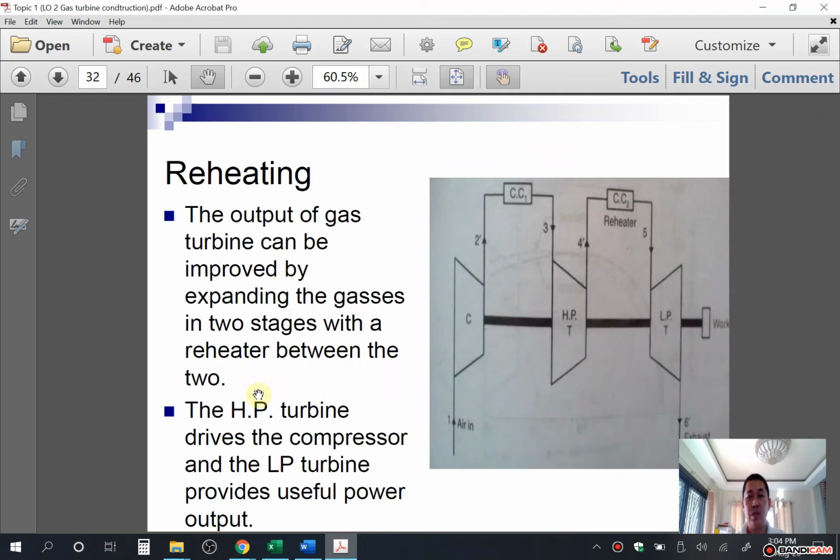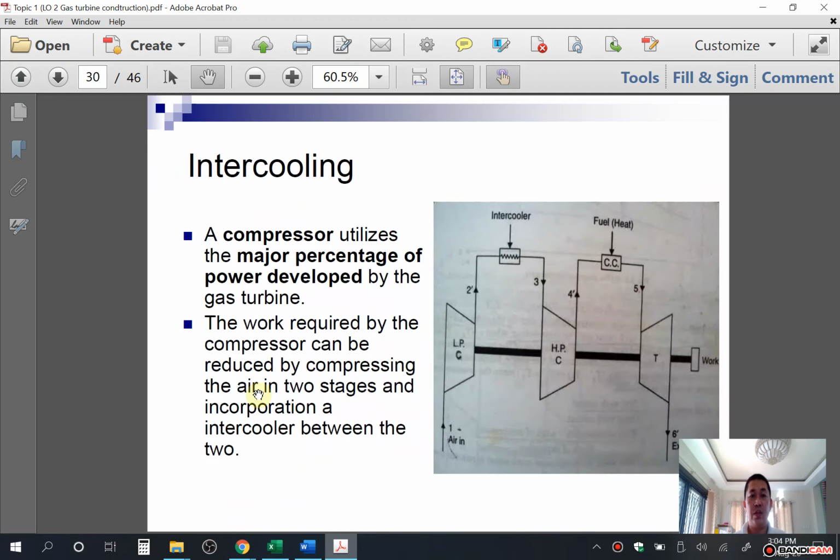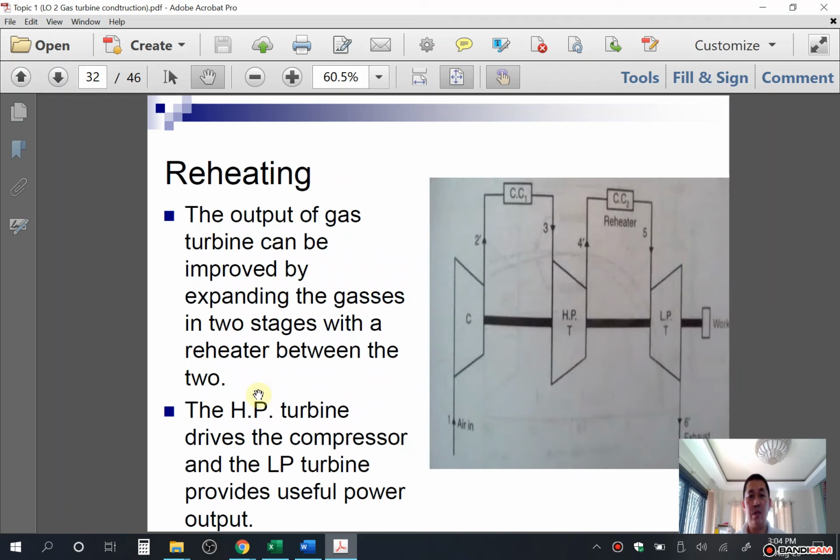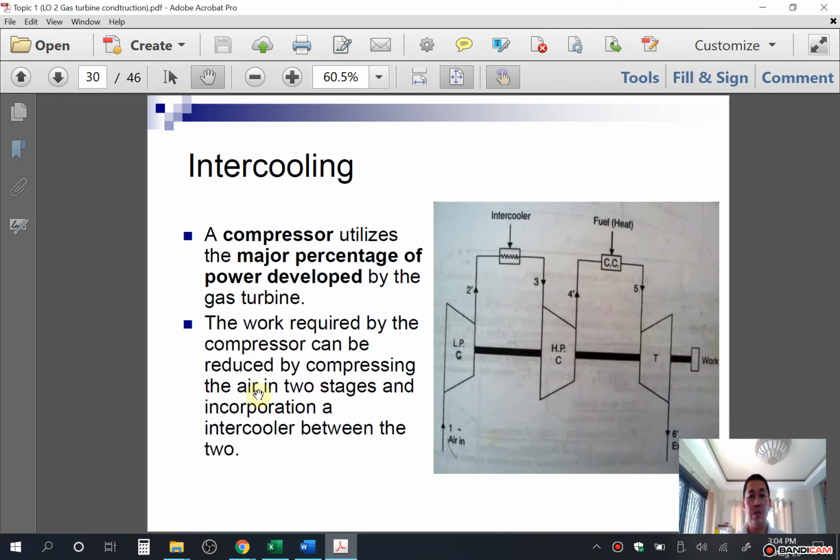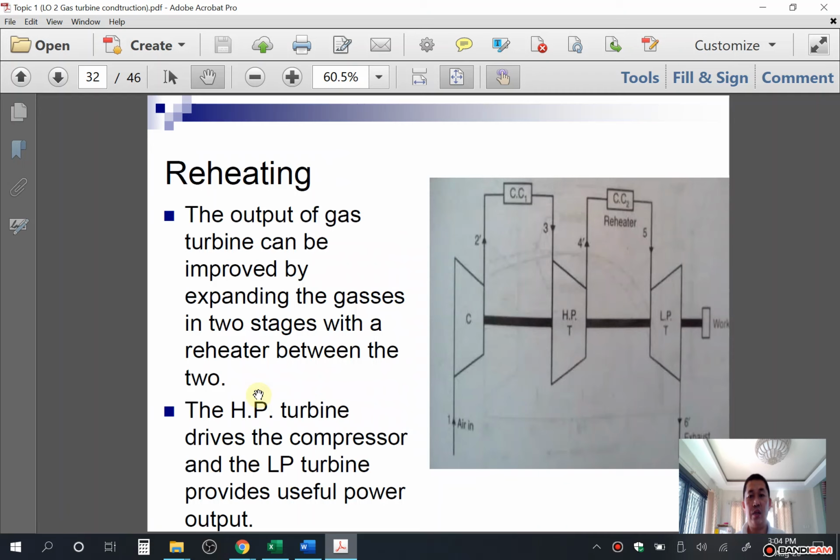Reheating. So if there is an intercooler, because this is a combination of intercooling and reheating. So there is an intercooler here.